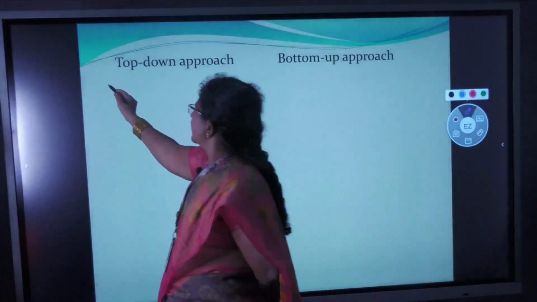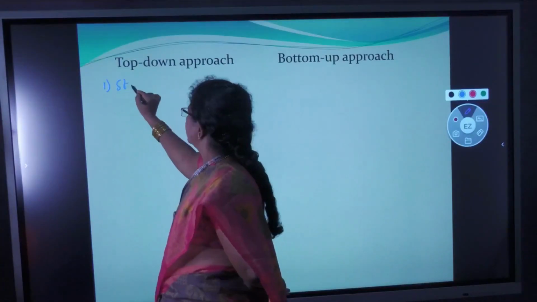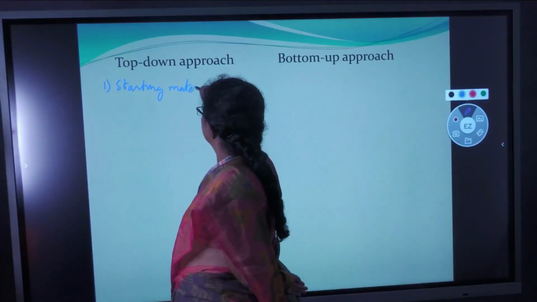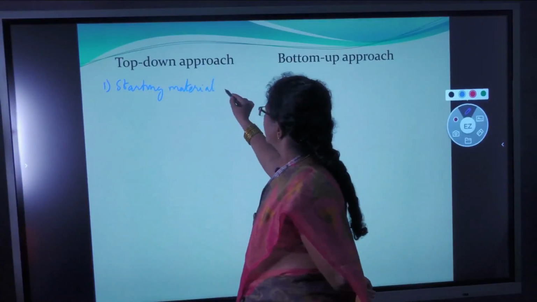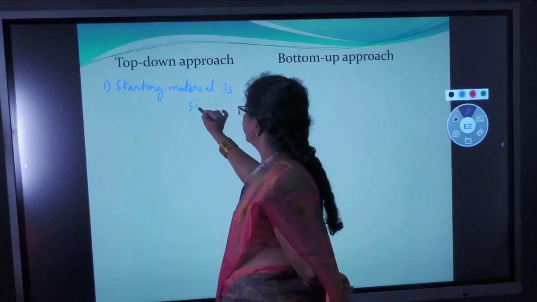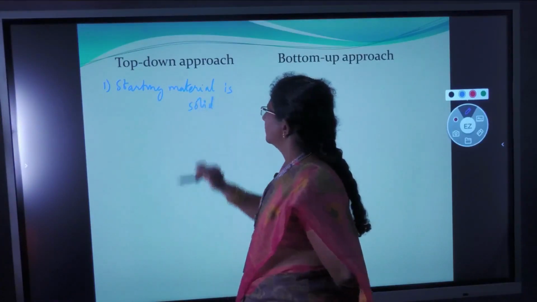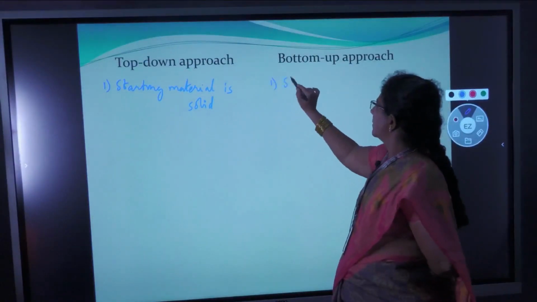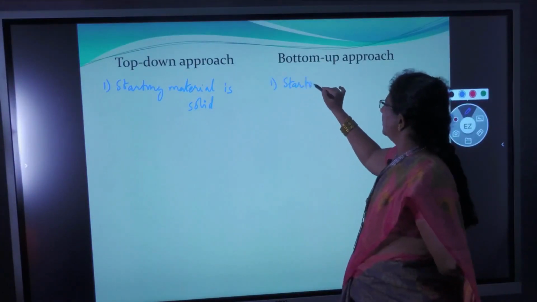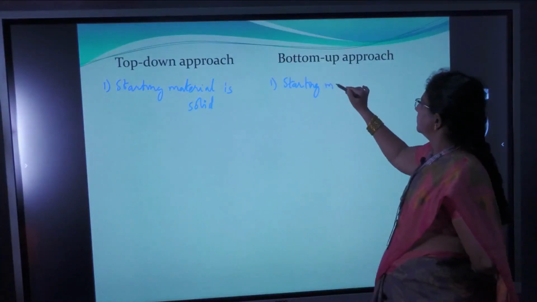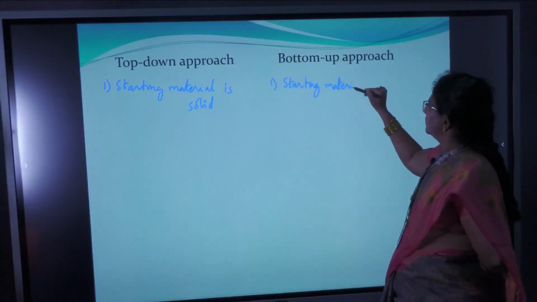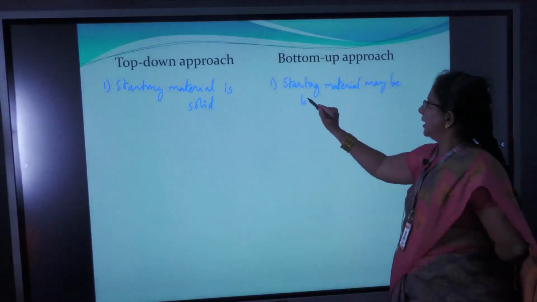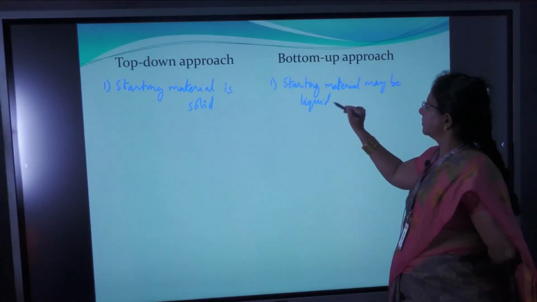So here the starting material is solid. Coming to the bottom-up approach method, the starting material may be liquid or gas.